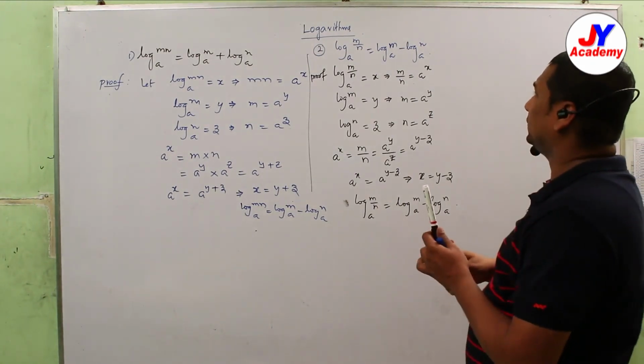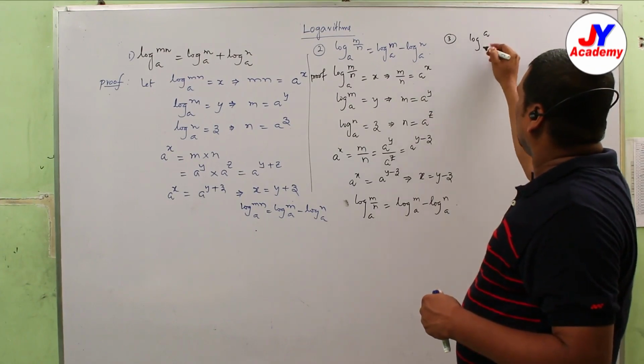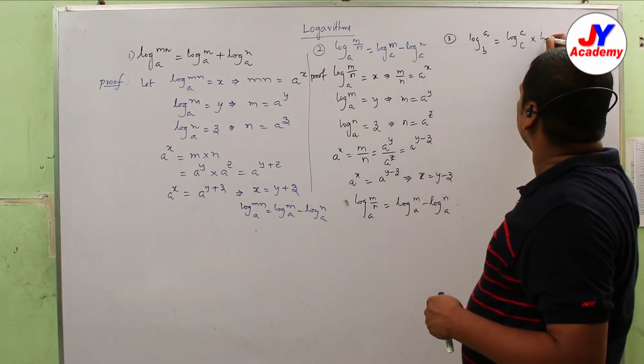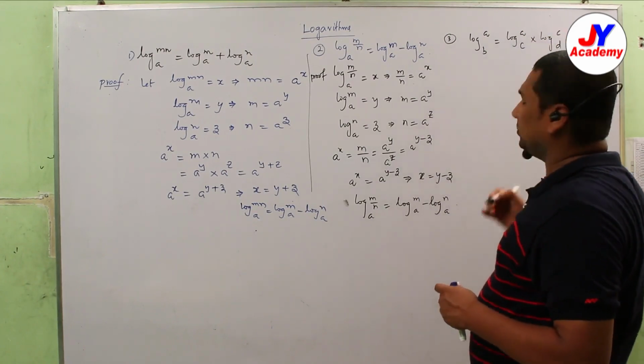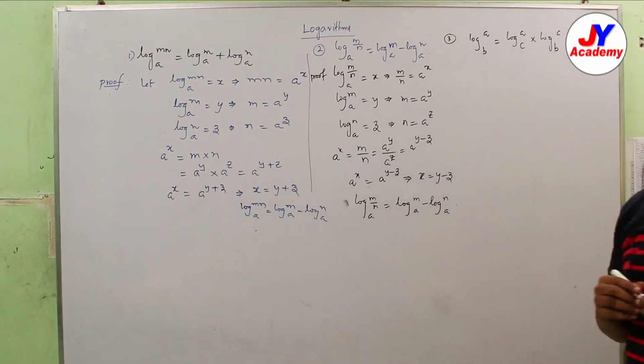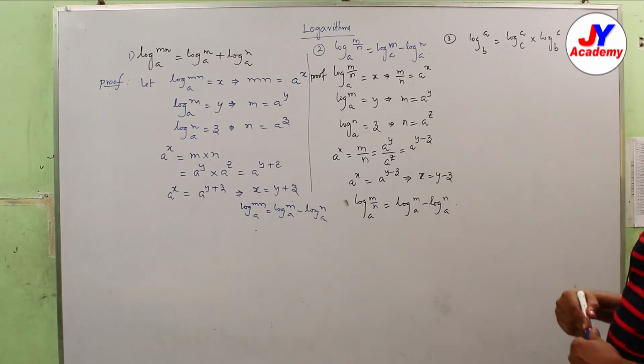Now the third one is log a base b is equal to log a base c times log c base b.